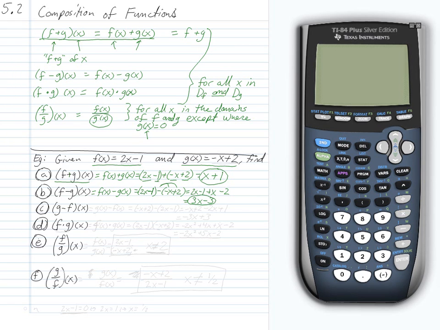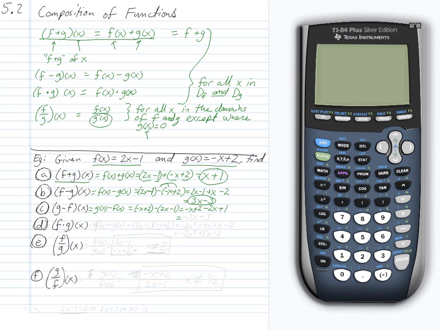Alright. Now here in part C we see something very similar, but this time we are taking the difference in the other direction. We're saying g minus f. So we'll take the function g of x and subtract the function f of x from it. So we're going to take negative x plus 2 and subtract 2x minus 1, having the effect of distributing that negative into the other function, f this time, so negative x plus 2 minus 2x plus 1.